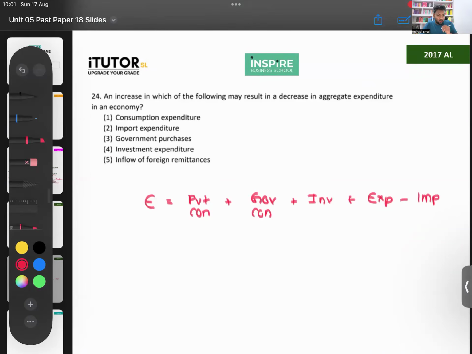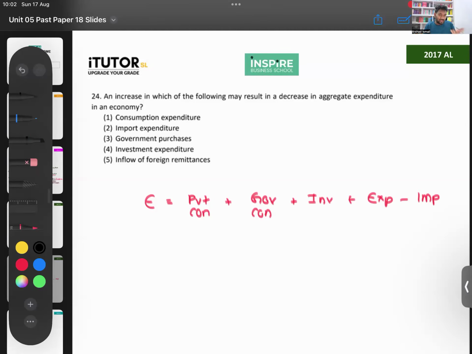Right? So when you take this, an increase in which of these may result in a decrease in aggregate expenditure? Which one do you think? C, G, I, X, and M.